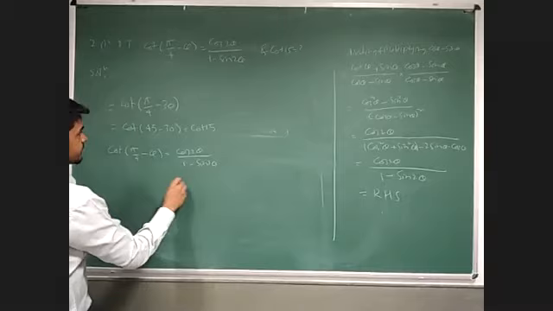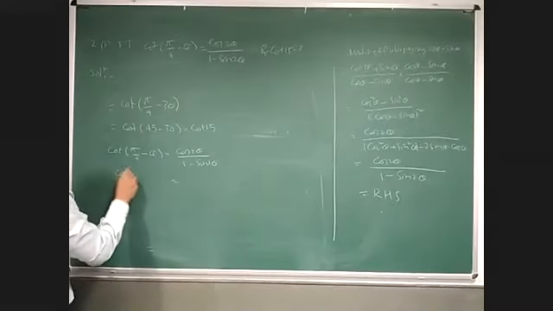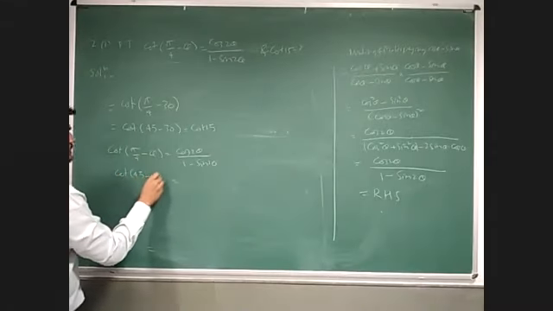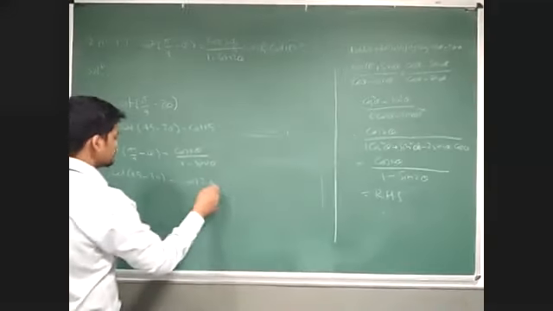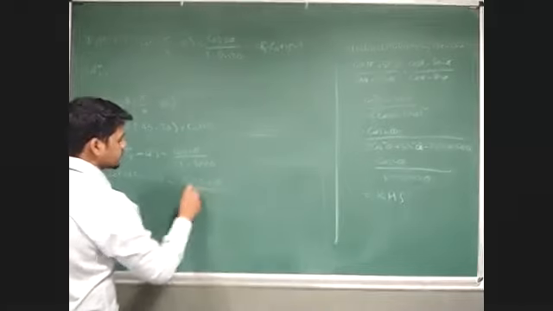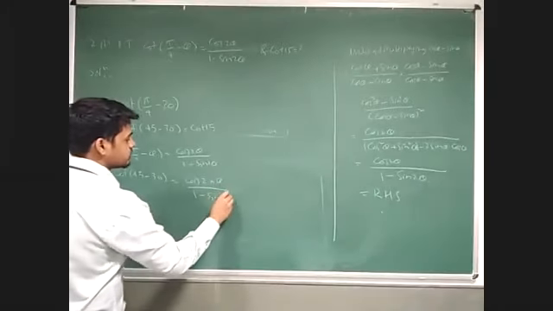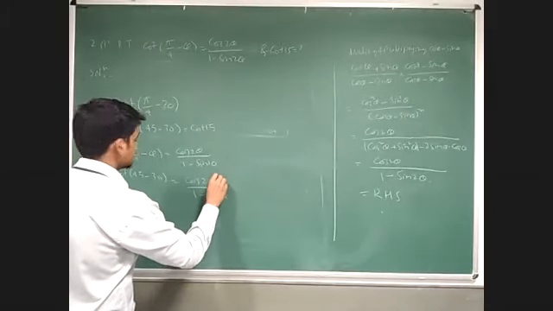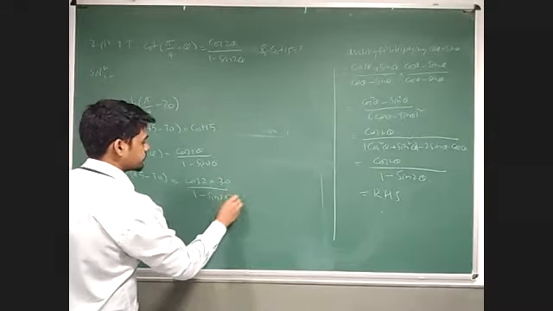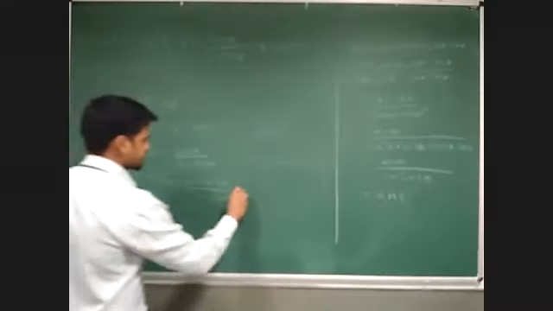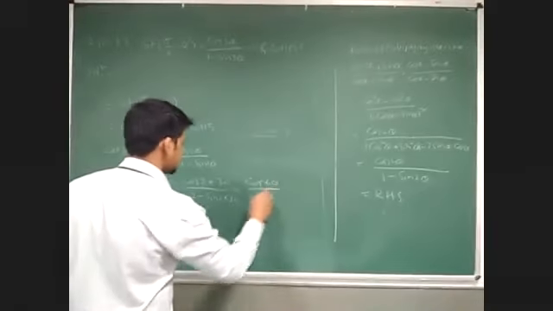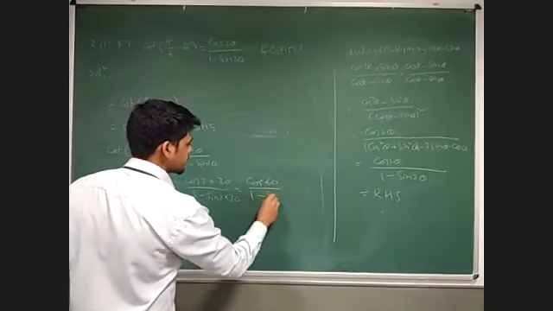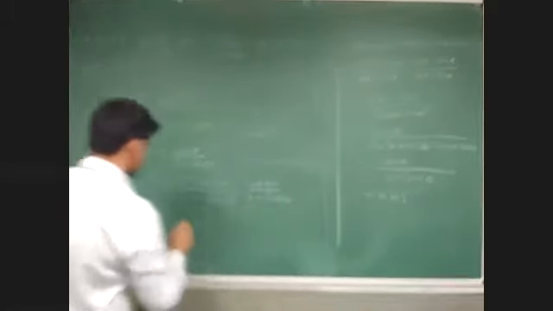So I can write cot(45 minus 30) as cos(2 into 30) over 1 minus sin(2 into 30). This will be cos 60 over 1 minus sin 60.